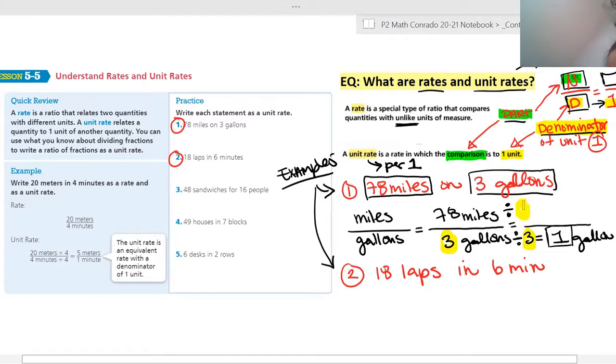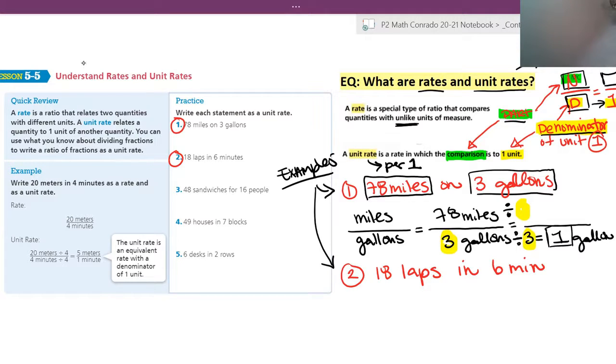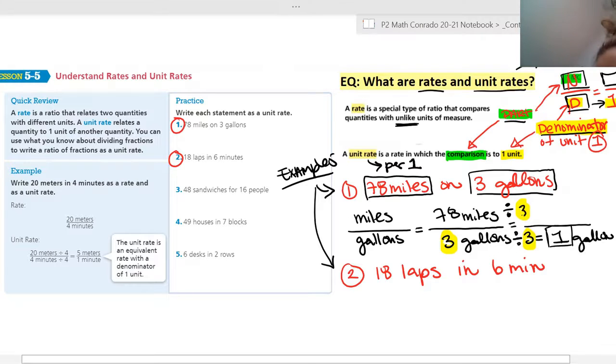That's how we get to 1 gallon. So let's now divide by the same value on the top. 78 divided by 3 is 26 miles. It's very important that your units of measure stay the same straight across. So for every 1 gallon, you can drive 26 miles.